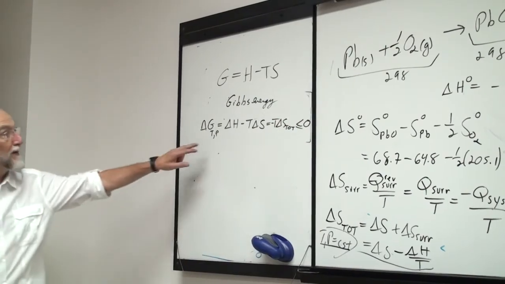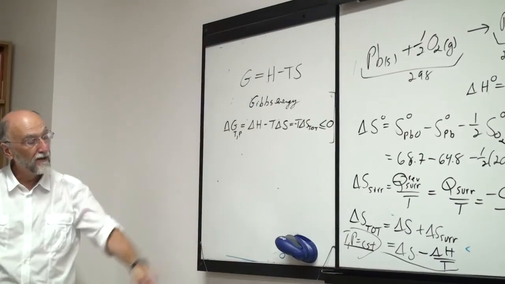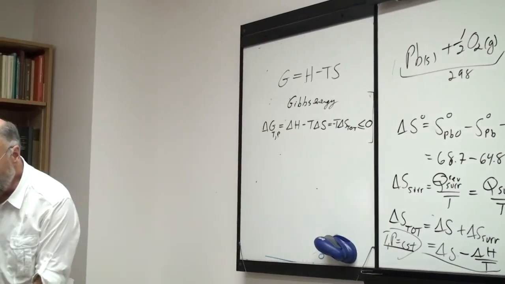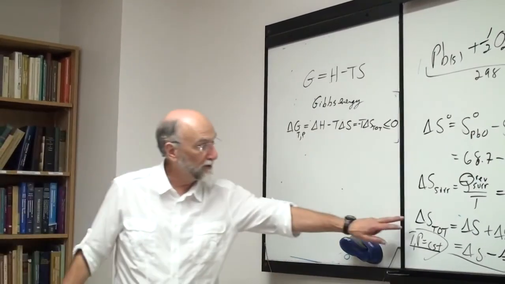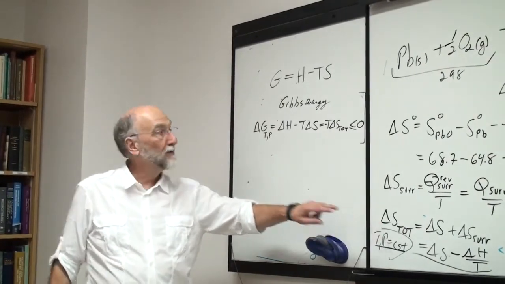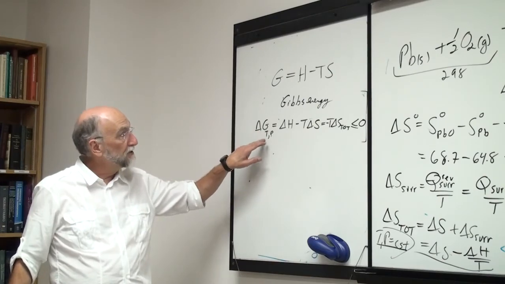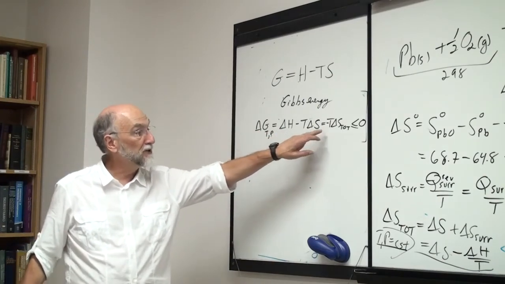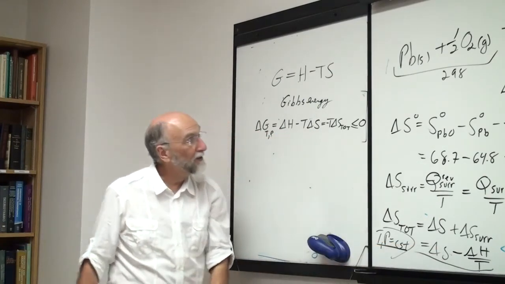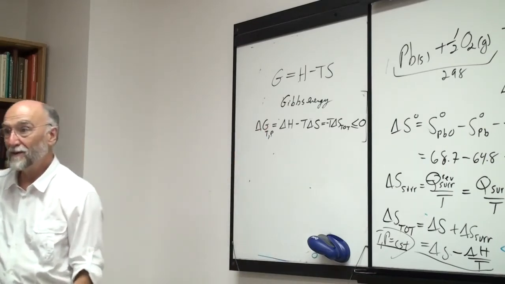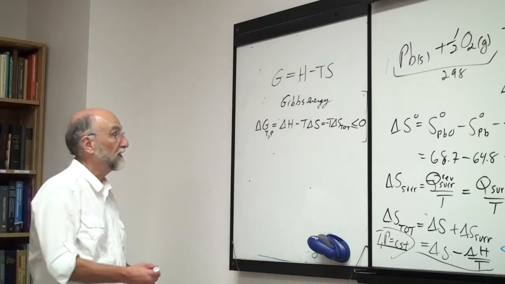This is a special case of the second law. The general case of the second law is that delta S total must be positive. But under conditions of T and P being constant, delta G is delta H minus T delta S, which is equal to minus T delta S total, which is negative.